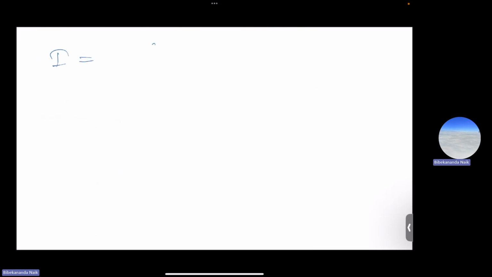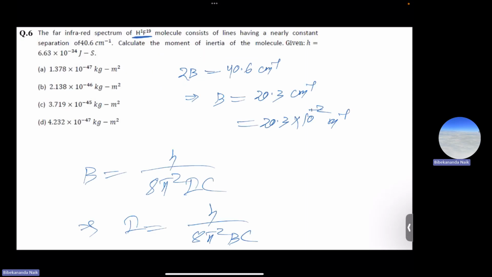We know h is 6.63 into 10 to the power minus 34, 8 into 3.142 into... so sorry, it is not 10 to the power minus, it is 10 to the power plus 2.